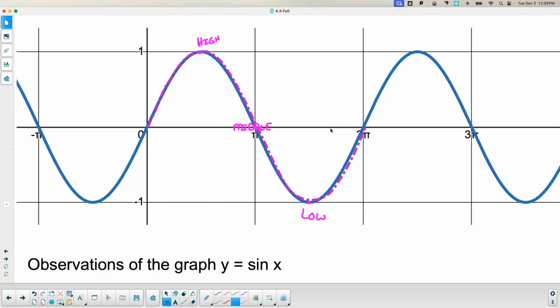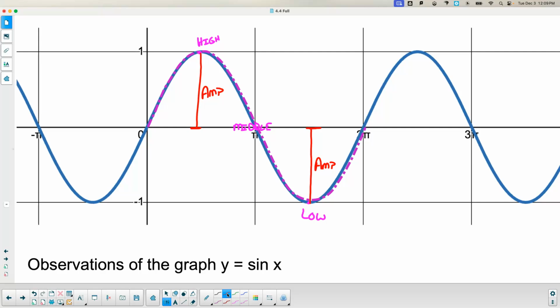The amplitude of a wave is also called the height of the wave. The amplitude of a wave is measured from the middle value of the wave all the way up to the high value. And that is the same as from the middle of the wave all the way down to the low value.